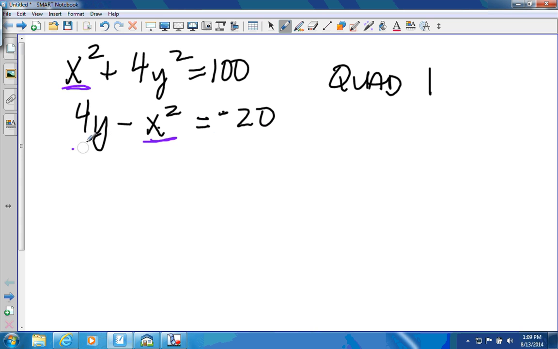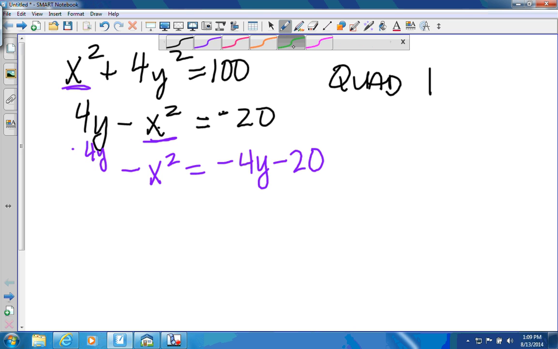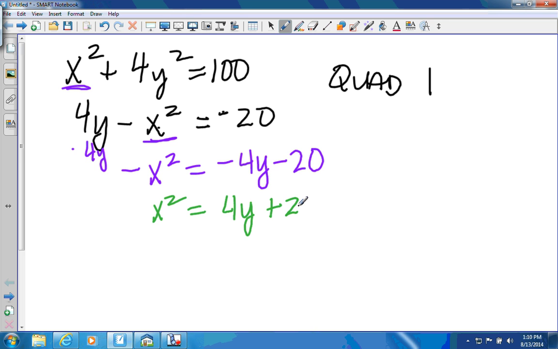So we're going to subtract 4y, and we get negative x squared equals negative 4y minus 10. The next thing we would do to get rid of the negative on x squared is multiply by negative 1. So we get x squared equals 4y plus 20.